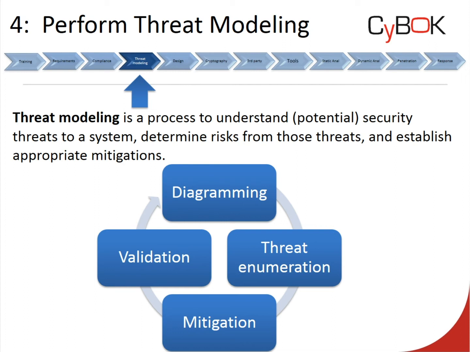So it does start with this diagram, and then many teams use what's called the Microsoft STRIDE model. STRIDE, the S stands for spoofing, the T stands for tampering, the R stands for repudiation, the I is information disclosure, D is denial of service, and E is elevation of privilege. And those 6 types of threats in the STRIDE model are orthogonal. They're different from each other and pretty comprehensive.